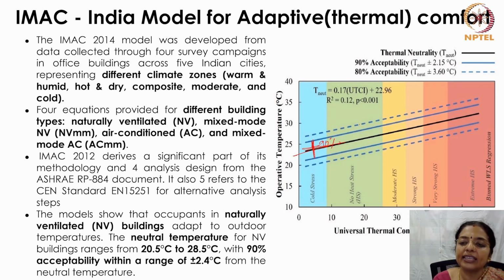And this wider range is acceptable to 80% people, which is 3.6. From the neutral temperature, plus or minus 3.6 is acceptable to 80% people, and from the neutral temperature, 2.15 degrees centigrade is acceptable to 90% people.